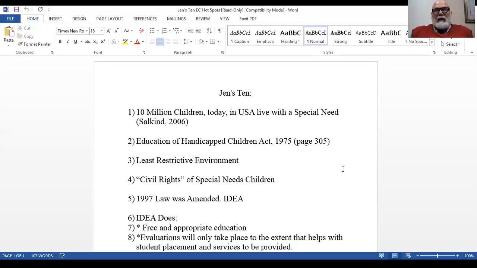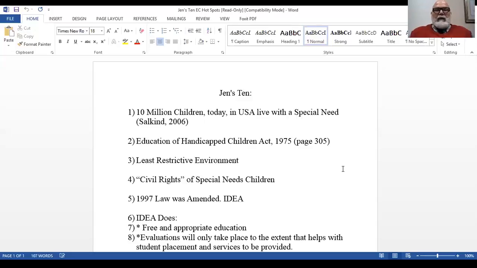That term is different in this particular PowerPoint. But least restrictive environment means that that's the goal of every IEP team, to find the most appropriate placement for a child that's least restrictive. And so we're moving more and more to having students being in classes and serving them in regular classes.